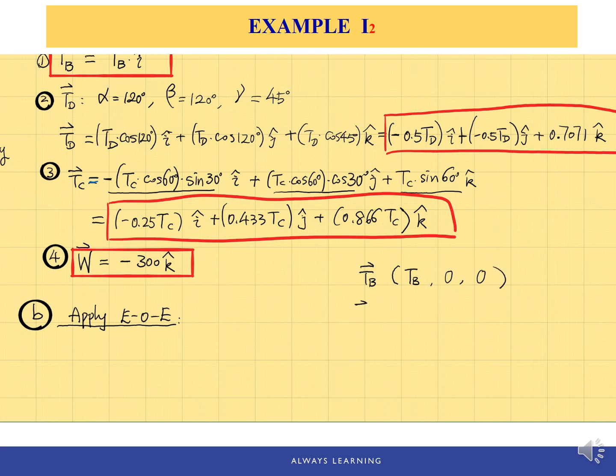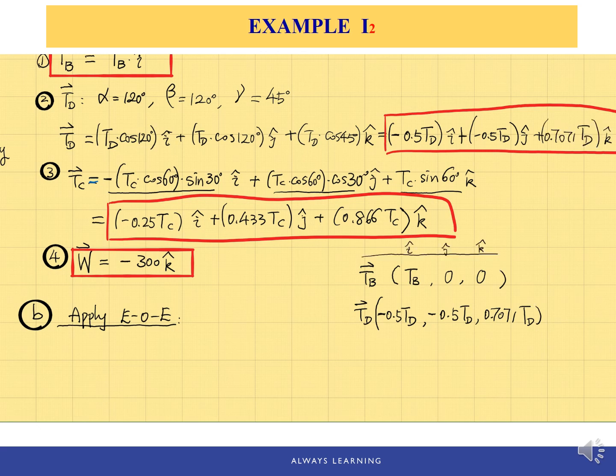And for the force TD, the next one in the row, we have the x component or the i hat coefficient negative 0.5 TD, and y component negative 0.5 TD, and the z component is 0.7071. I think I missed the TD on this one.